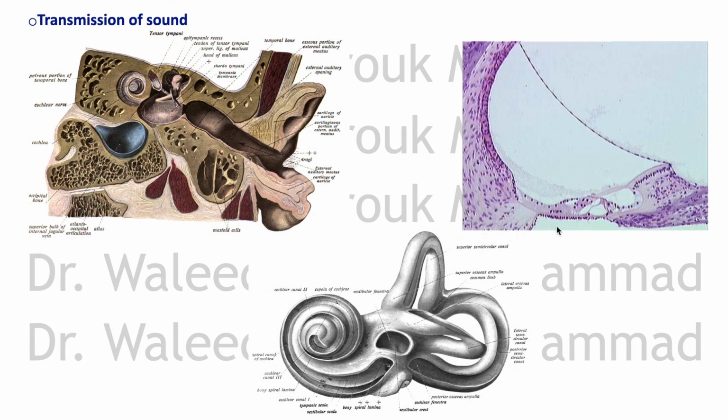So what's the use of the scala tympani? Now remember, we started an electrical impulse through the organ of Corti, but the mechanical vibration is still there because it's running in liquid media. Through the helicotrema, it will go through the scala tympani, and eventually at the end hits the round window membrane, which is the secondary tympanic membrane.